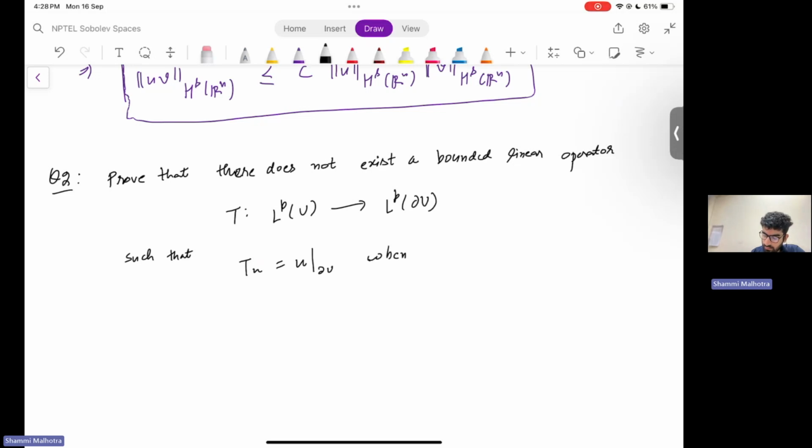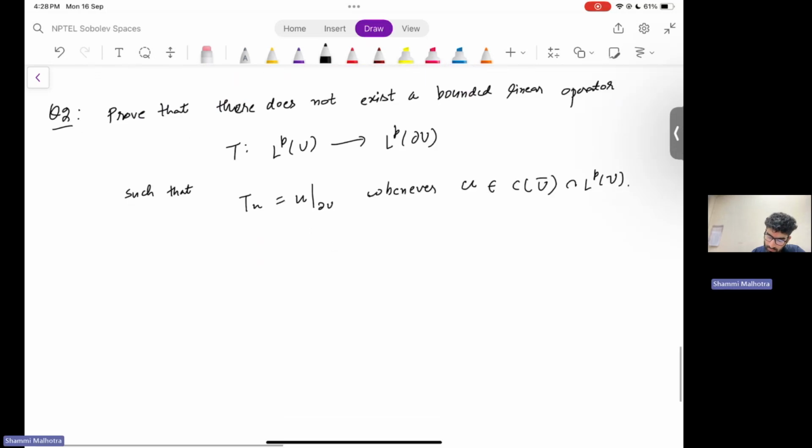That was the thing we saw in the trace map.